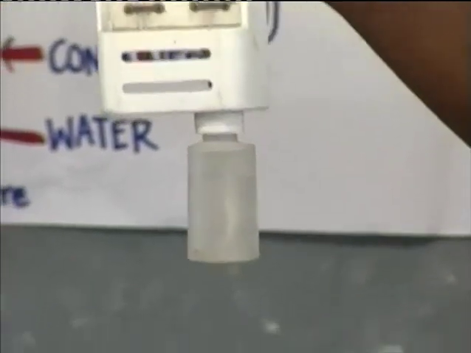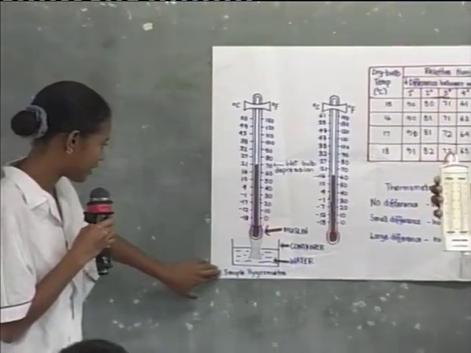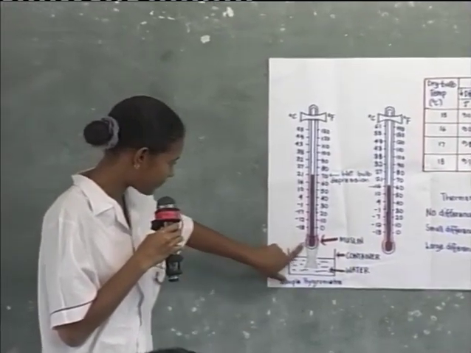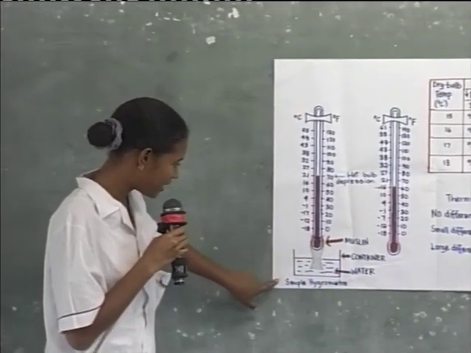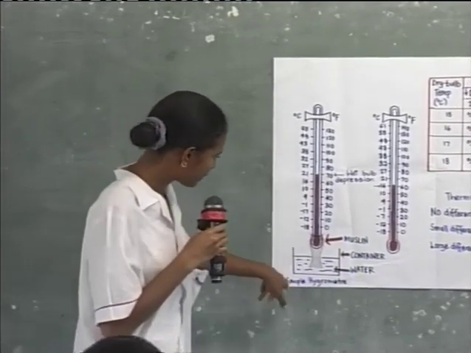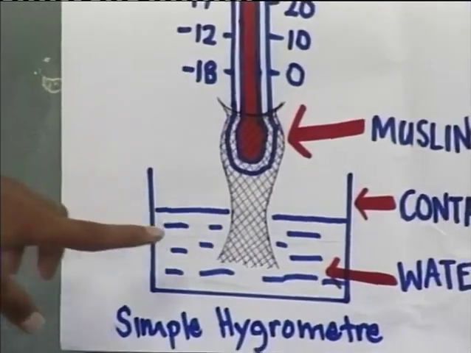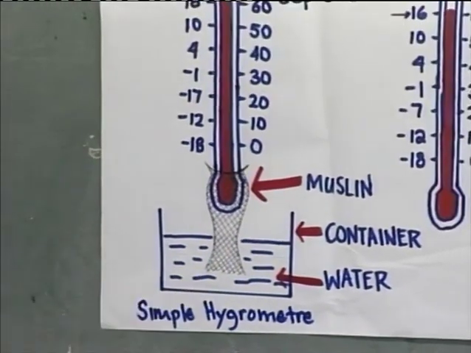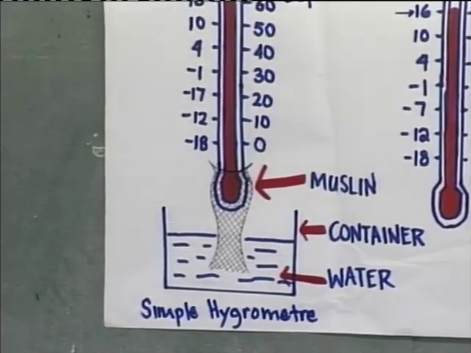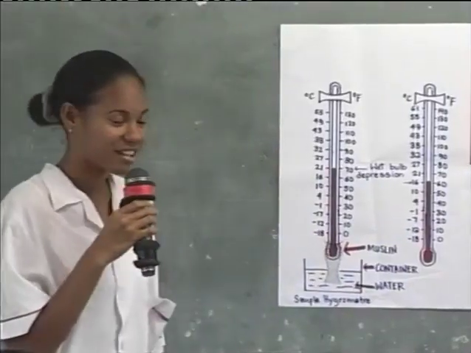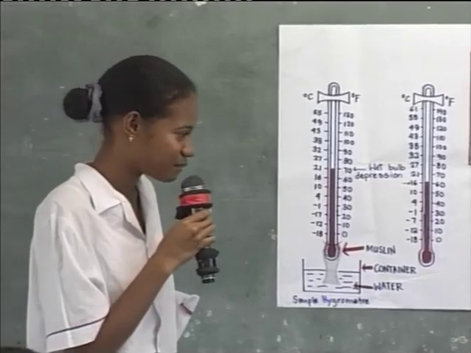And on this diagram too, that's much more clear. And there's a piece of cloth or muslin that is hung from the wet bulb into the water. That's a hygrometer used to measure humidity in the atmosphere.